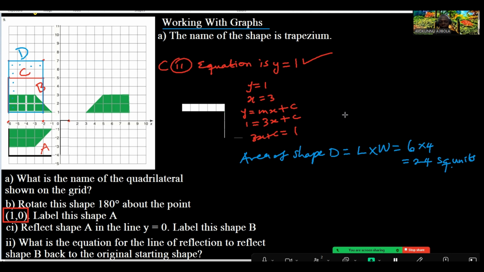And okay, I'm going to send you this note. What I would advise you to do is get a graph or something like a grid like this and practice it, okay? And this time around, I will ask you to do it and send it to me. So do all of this. Write out the questions, okay?